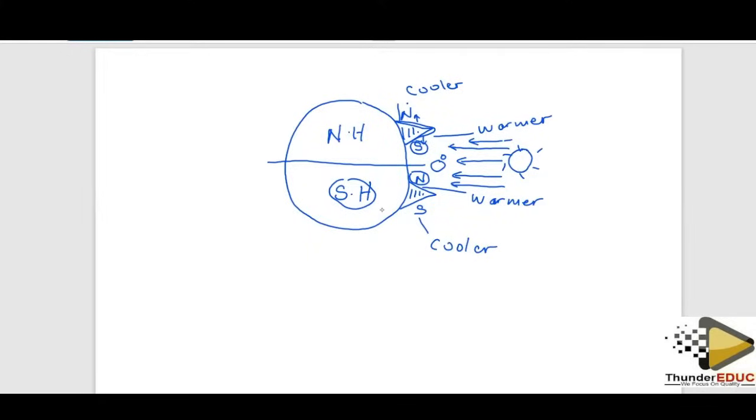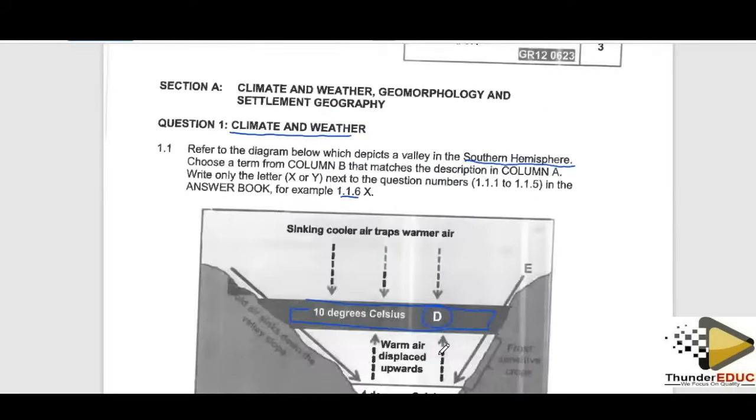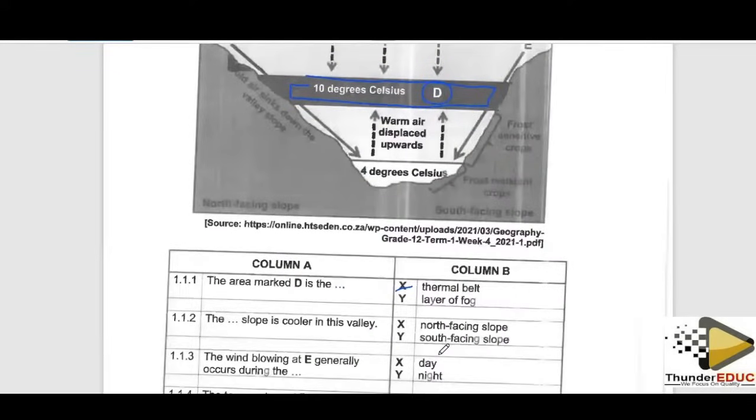So that is why for our answer for 1.1.2, it means the south-facing slopes are cooler in the southern hemisphere. So it means our answer will be Y. Right.